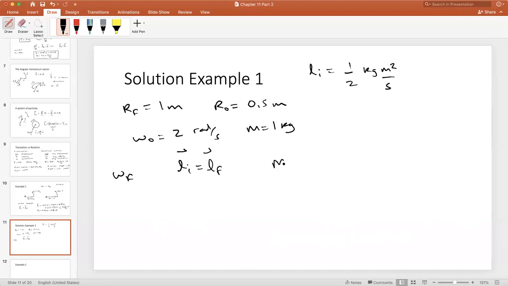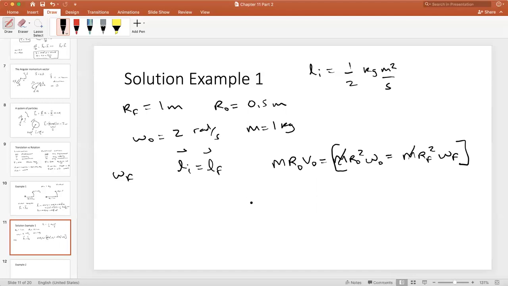And from this we see that m R initial v initial, which is m R initial squared omega initial, is equal to m R final squared omega final. Let's just concentrate on this part of this equation.